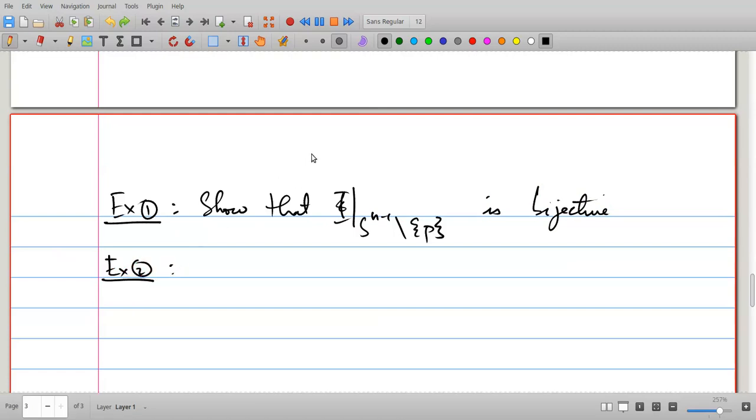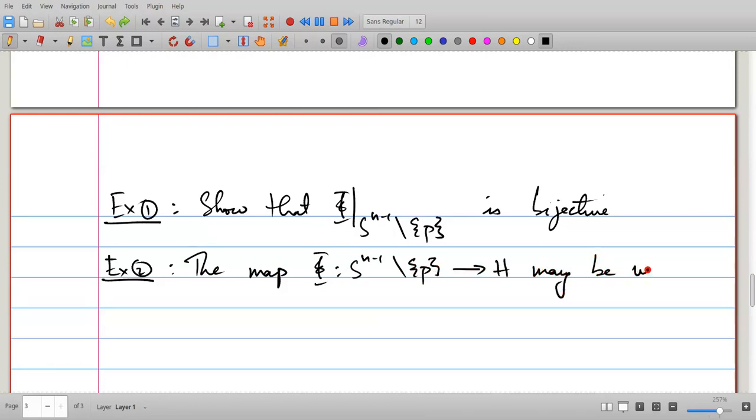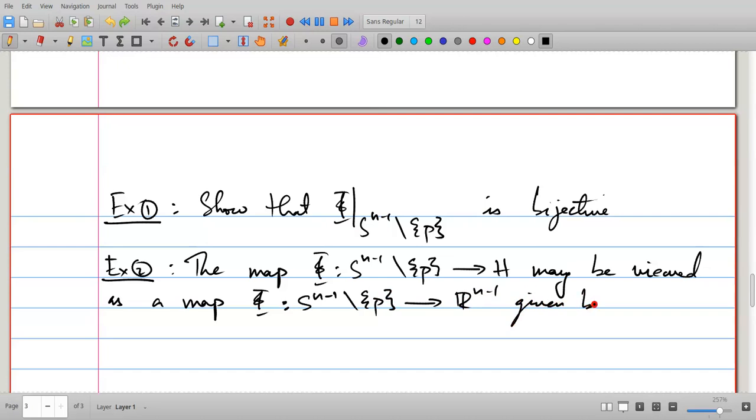Exercise 2: the map phi from Sn minus 1 minus p to h may be viewed as a map phi from Sn minus 1 minus p to Rn minus 1, given by the same coordinate description as above.